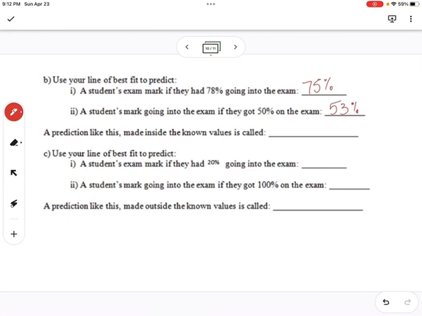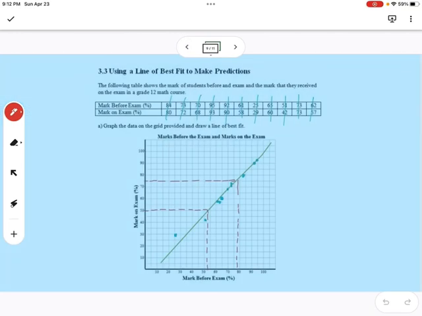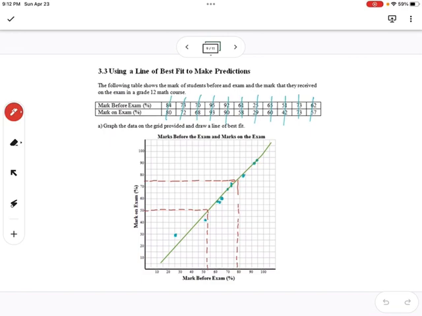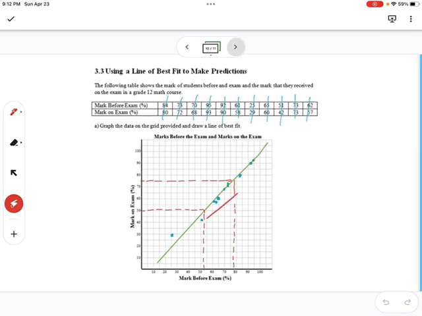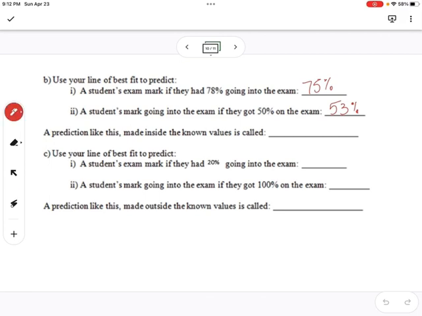A prediction like this made inside is known. Okay, so because our data set goes from here to here, and we are using points within the data set, then that is interpolation.